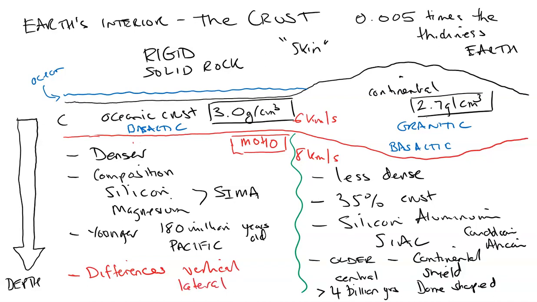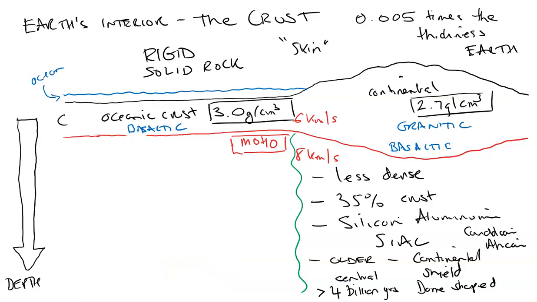There are differences as you go from side to side, laterally through the continents or ocean crusts, based on location. So it is the only area with differences both vertically and laterally.